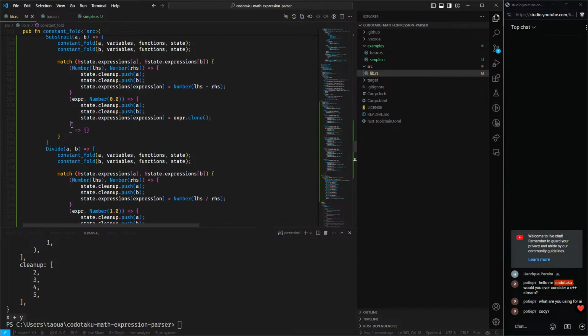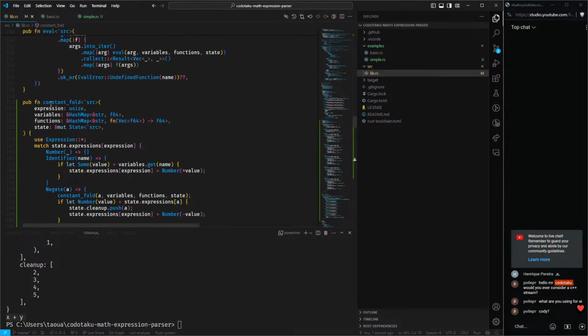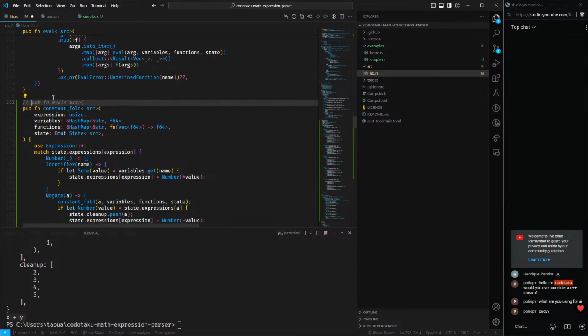Though I should probably note this down, just in case someone thinks some optimization here may produce incorrect results. If the expression contains side effects, that's true, but I honestly don't care.